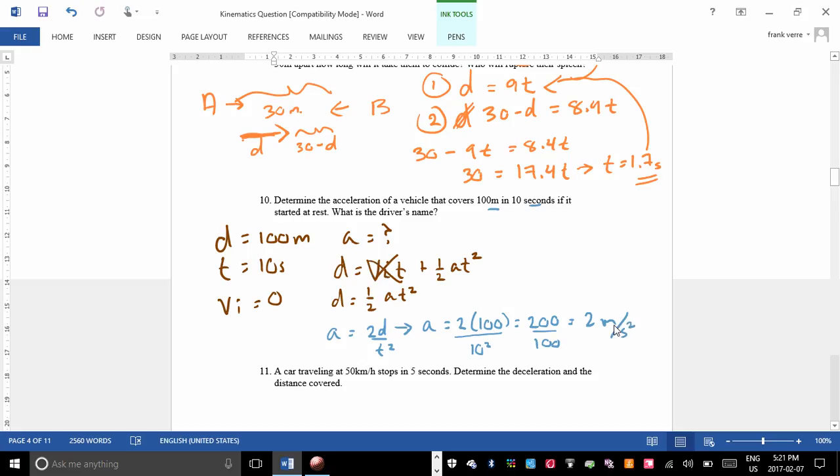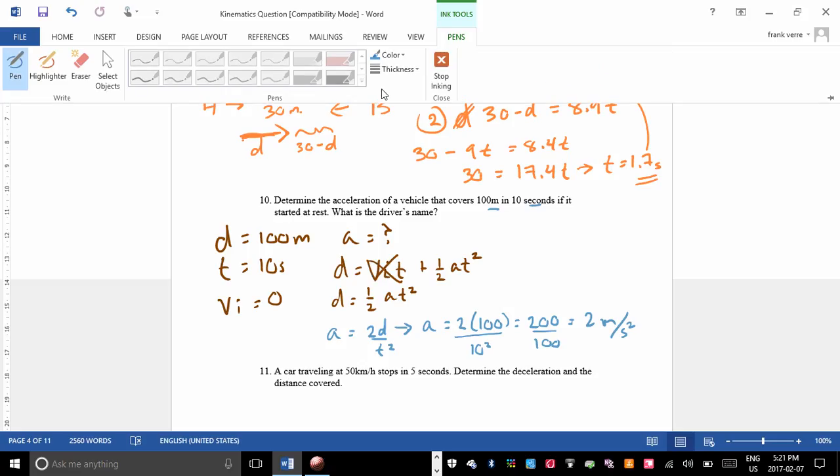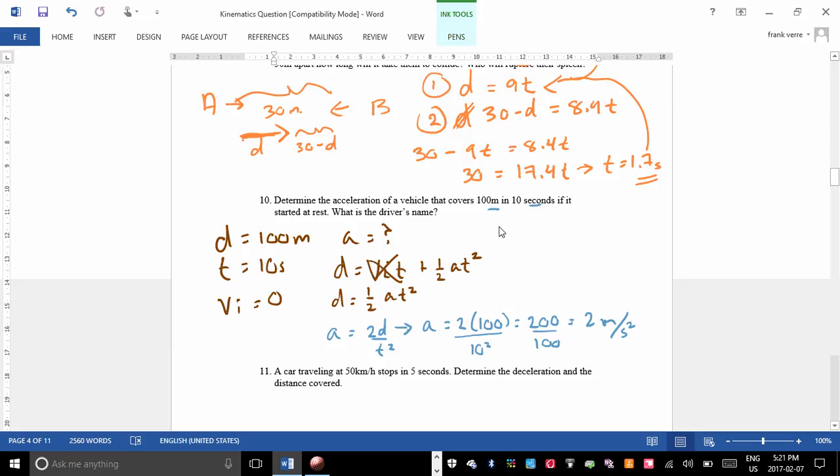That's one way. Another way we could have done it is using the concept of the average. So we could say, look, speed is equal to distance over time. We have a distance of 100 meters. We have a time of 10 seconds, and that gives us a speed of 10 meters per second.